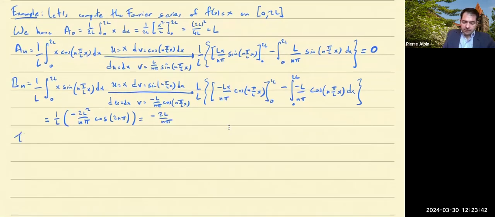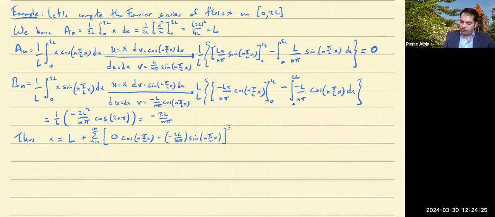So putting this together, we see that the Fourier series of x is equal to L plus the sum, n goes from 1 to infinity, of, well, we have 0 times cosine n pi over L x plus minus 2L over n pi times sine n pi over L x.